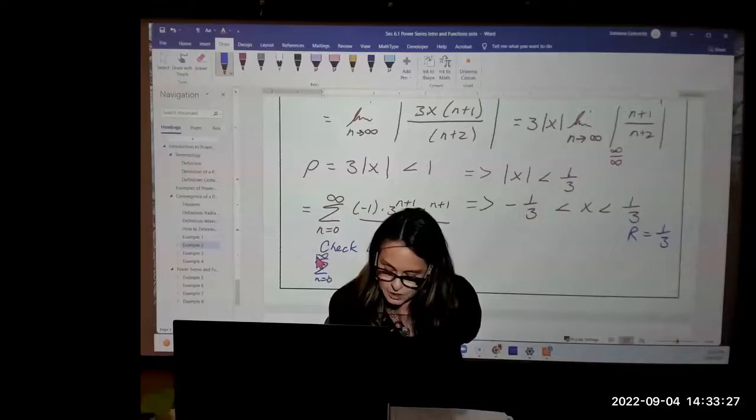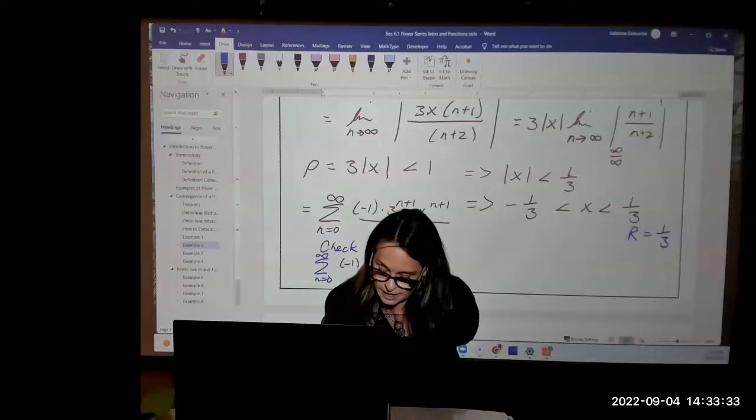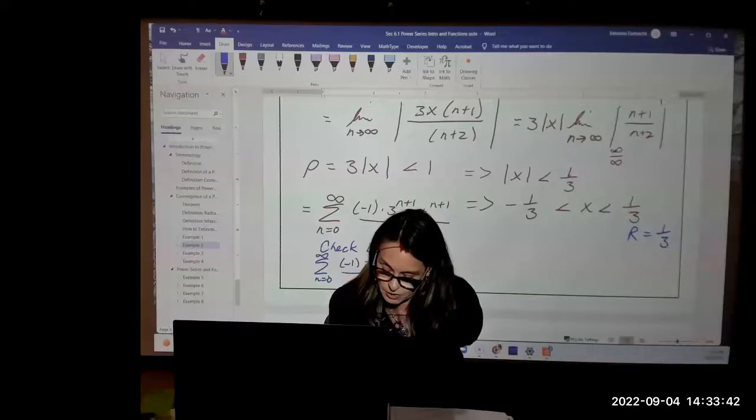So I get the sum from n equals 0 to infinity of (-1), 3 to the n plus 1 times, and I'm going to substitute -1/3 to the n plus 1 over n plus 1. Well, what's that going to do?